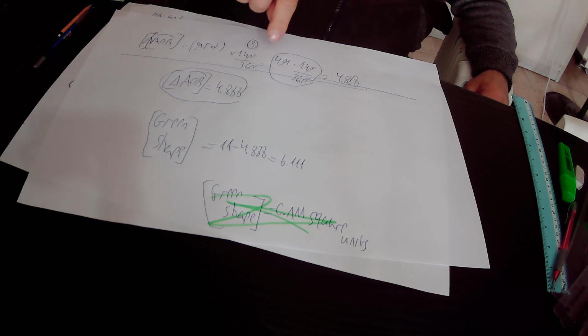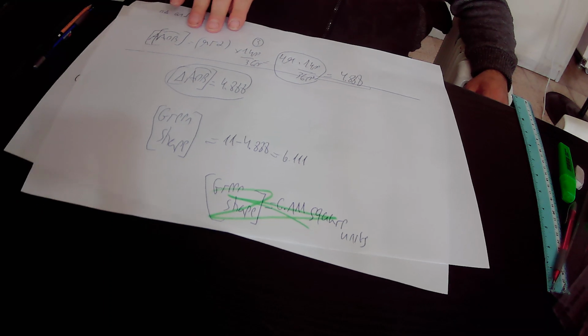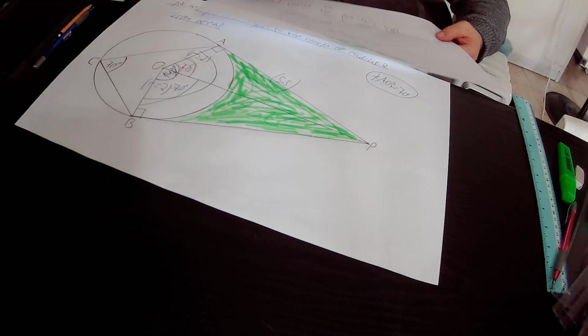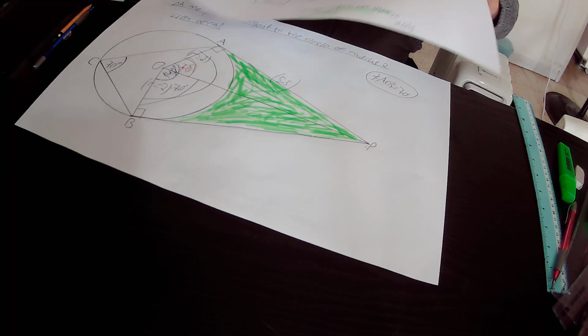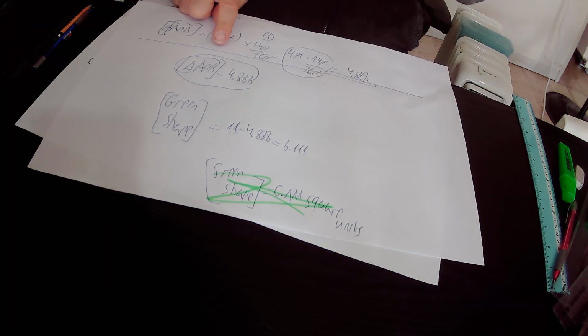R is the radius of this circle, that is equal to 2, therefore r squared is 4. In total, the area of the circle is 4 pi times 140 degrees over 360 degrees. This expression in total is equal to 4.888 square units. So the area of sector AOB equals 4.888 square units.